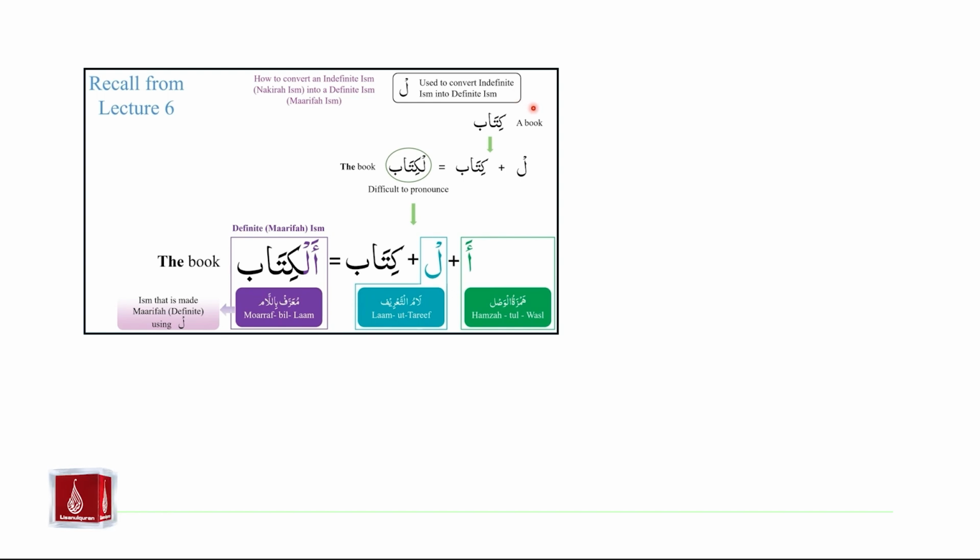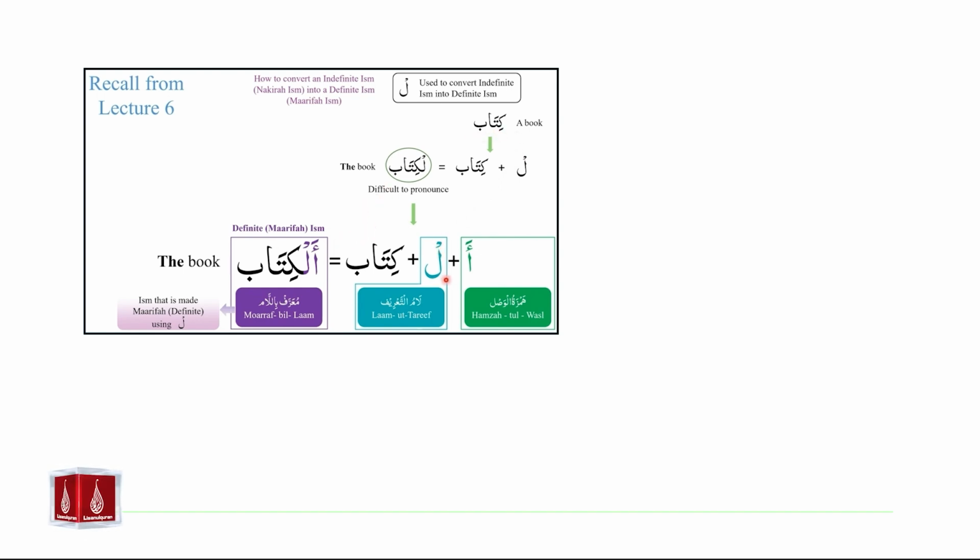We had the example of Kitab, and when we added Laamut Tarif to it, we had something of this form, which meant the book. This was difficult to pronounce, so we took the help of Hamzatul Wasl to make Al-Kitab. But in reality, it is this Laamut Tarif which is making the indefinite ism into definite ism.